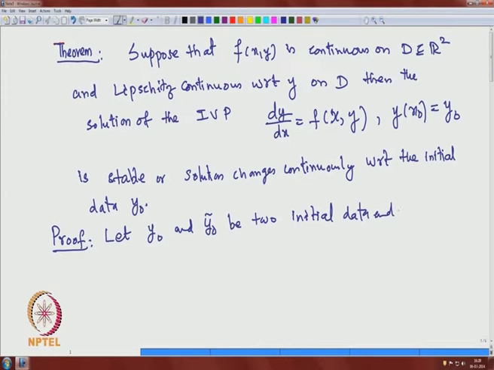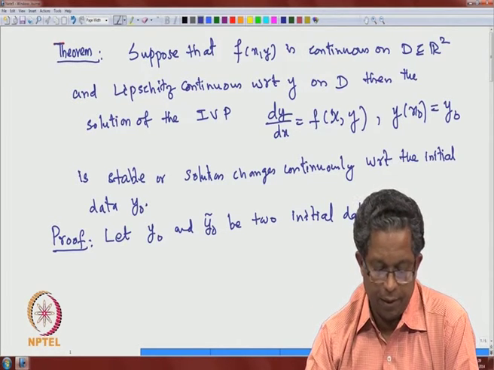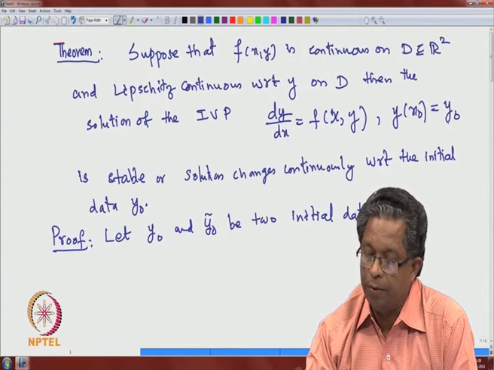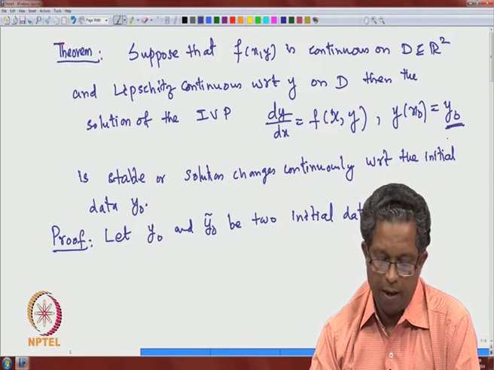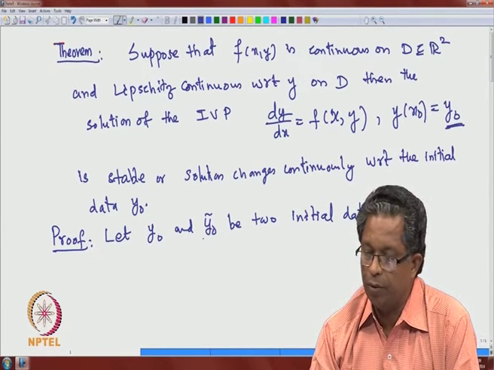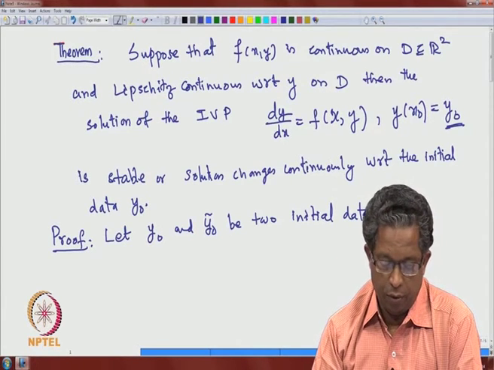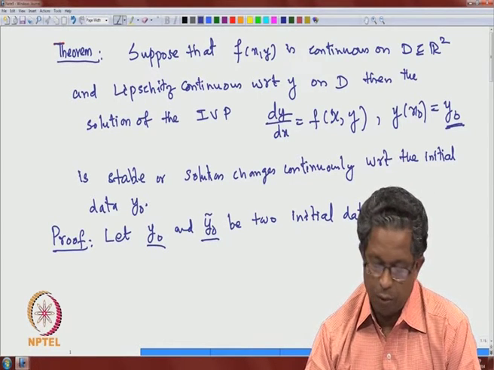Since f is Lipschitz, it has a unique solution for every x0, every y0. With y0 there exists a unique solution, and with y0 tilde also there is a unique solution, because of the Lipschitz continuity. So, if we choose the two initial conditions y0 and y0 tilde, there are two unique solutions.